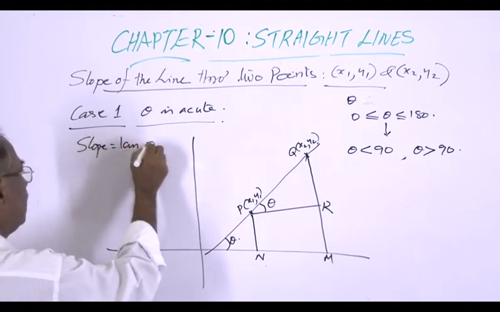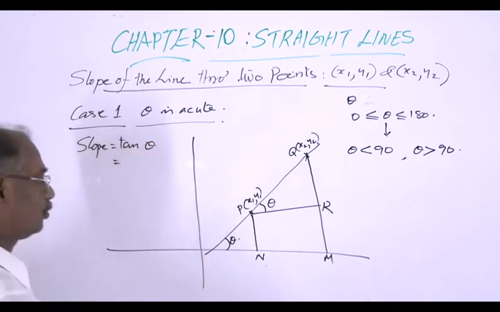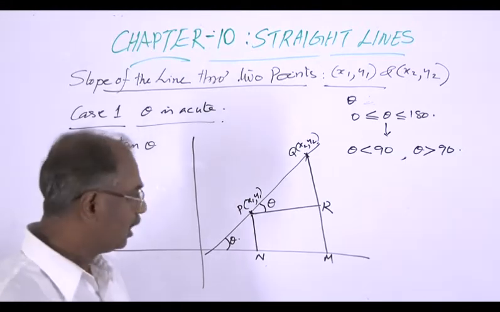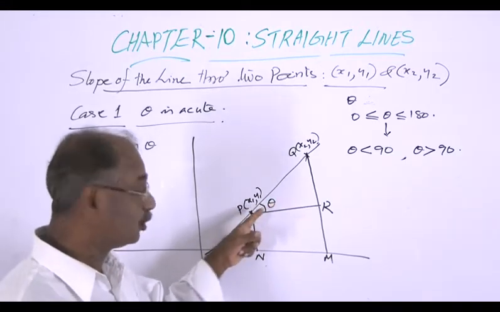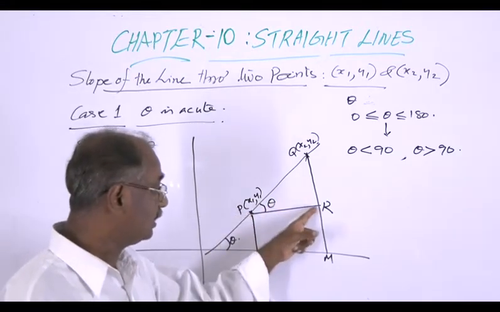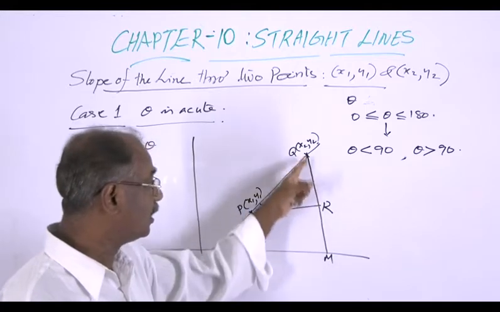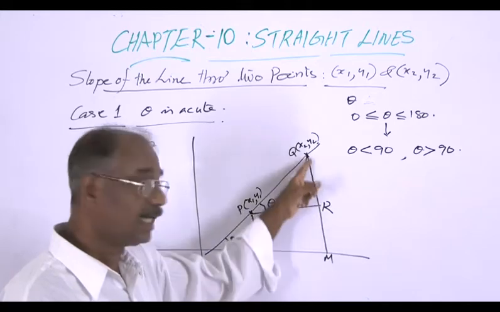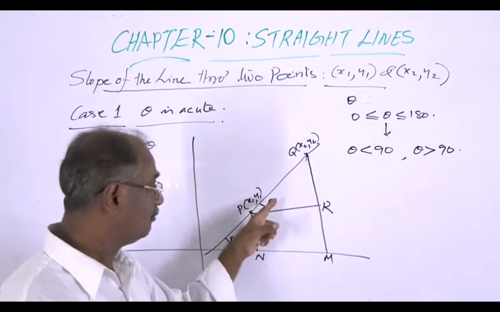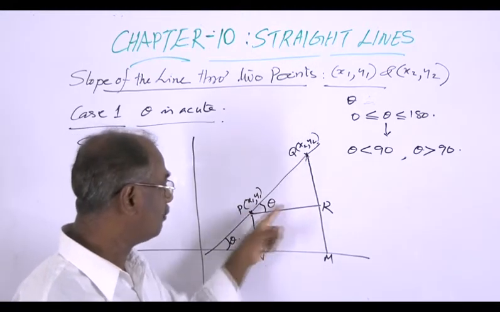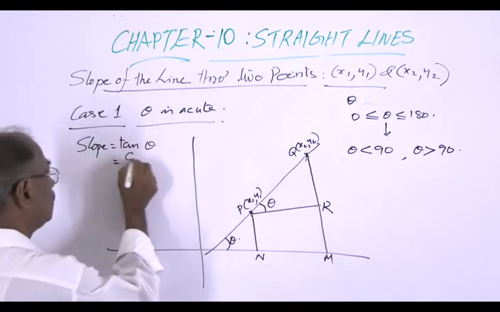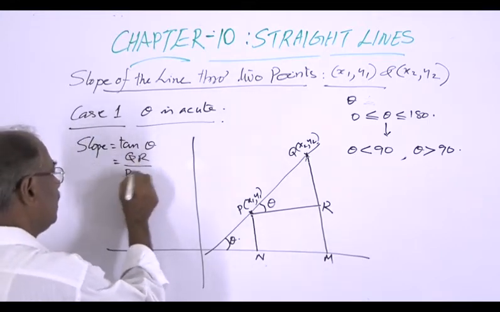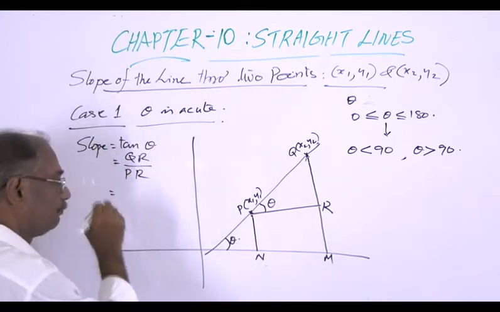Consider this triangle PRQ, which is a right angle triangle. So tan theta is equal to QR divided by PR.